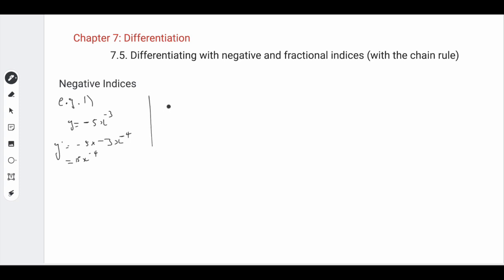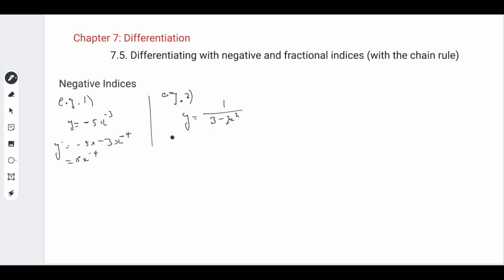But I do want to show you some different ways that examiners can trick you into thinking, oh, I've never seen this before, but really you have seen it many times, right? For example, if I asked you to differentiate something like 1 over 3 minus 2x squared, some students might freeze up and be like, oh, I don't know what to do when we have the terms all in the denominator.